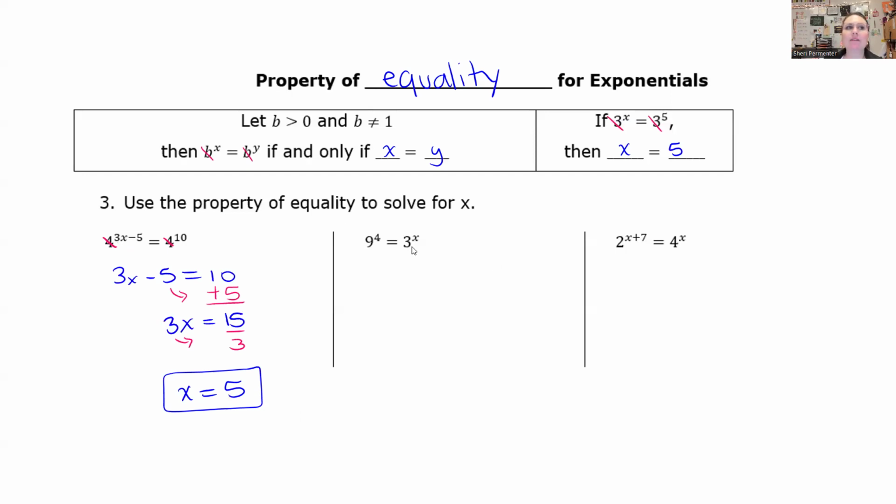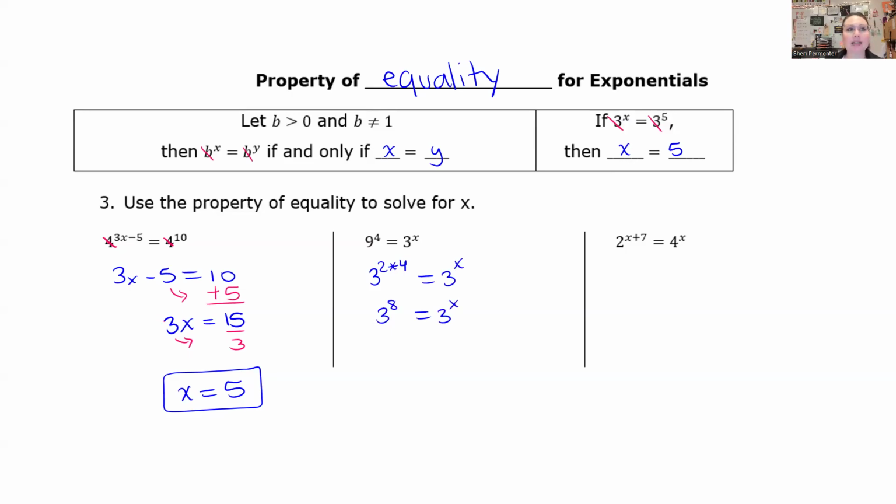The next problem. If you do not have equal bases, let's make them equal. This is where your exponent chart comes in handy. Can we rewrite 9 as a base of 3? Yep, 3 squared, but there's already a 4 there, so we have to multiply that by 4. So we get 3 to the 8th is equal to 3 to the x power.